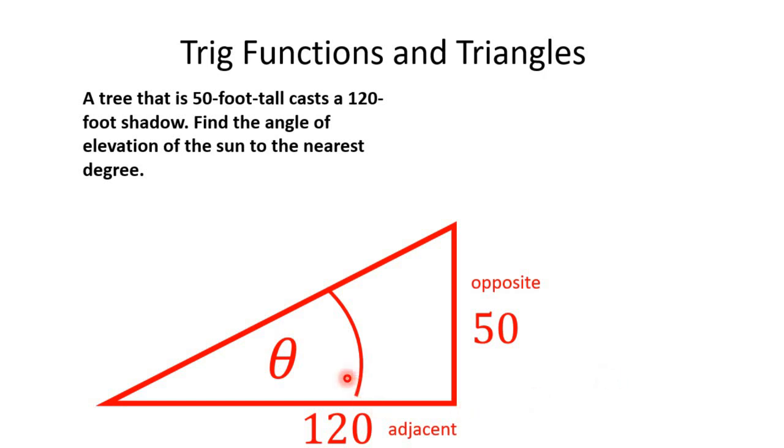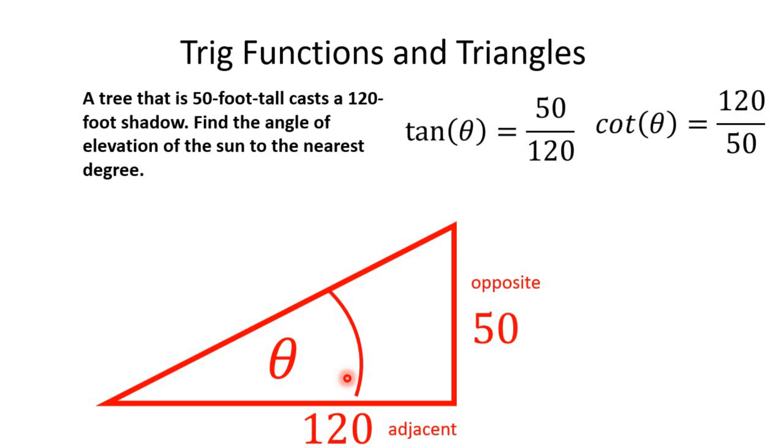And there are two trig functions we can actually use here: the tangent and the cotangent. We could use either one of these, but I'm going to go ahead and use the tangent because I have a calculator that can do the inverse tangent function. It can take the output of the tangent and bring me back to the input.